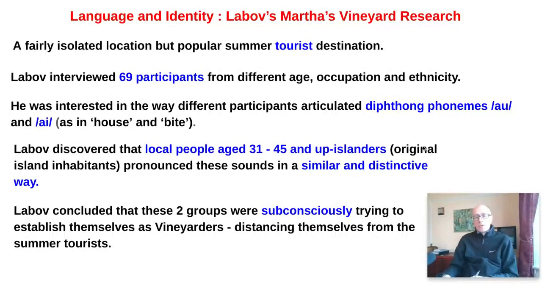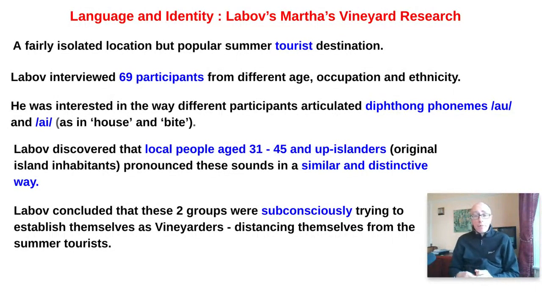And what he discovered, well, he discovered lots of things, but he discovered that the local people, particularly aged 31 to 45, and the traditional Up Islanders, i.e. the original island inhabitants, tended to pronounce their phonemes in similar and distinctive ways.